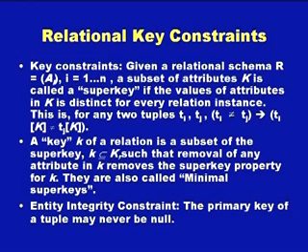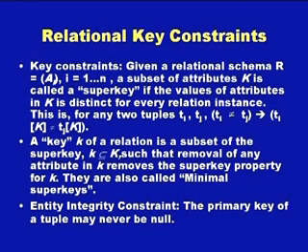So a key constraint in the relational model essentially defines the notion of a super key, which is a set of attributes of a relation which can uniquely identify each tuple in the relation, that is, each instance of the relation. And a key or a minimal super key is something which is minimal in the sense that if you remove any element of the minimal super key, it ceases to be a super key anymore.